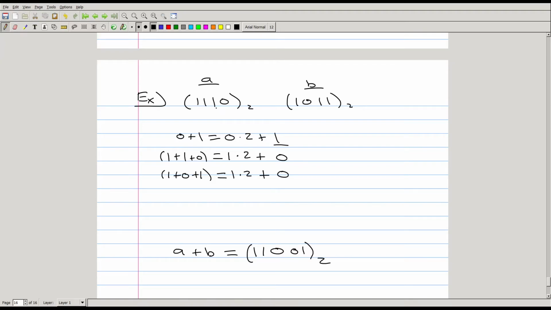And the next digits then are going to be 1 and 1. So it's 1 plus 1 plus the quotient from the previous division, which is 1. This is equal to 1 times 2 plus 1.